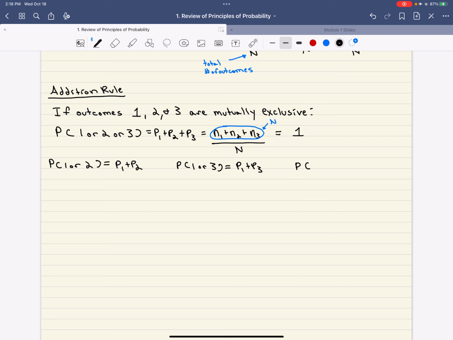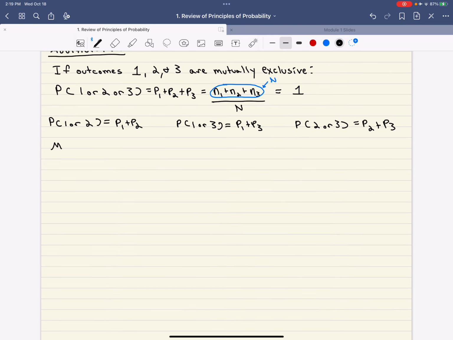And then we could also look at the probability of 2 or 3 occurring. So that would be this sum here. Okay? All right, and so the addition rule applies for situations in which the outcomes are mutually exclusive.